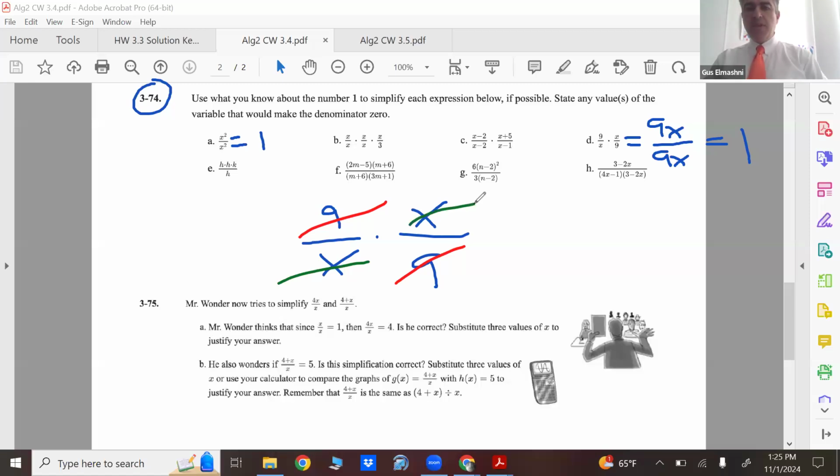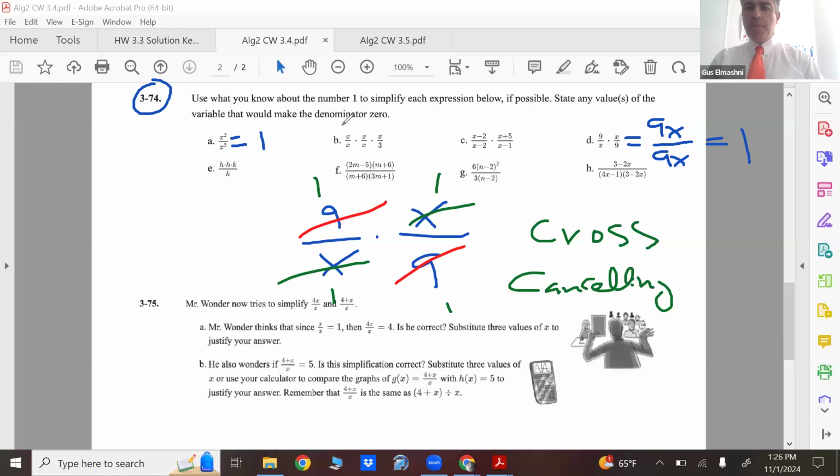Because you see here that 9 over 9, those cancel. X over X, those cancel. You get 1, 1, 1, 1. You get 1. Cross canceling can happen when there's a times in between. It's not cross multiplying, mind you. That's when you're solving an equation. We're just simplifying, so we can cross cancel. This process is called cross canceling, which we're going to do frequently for the other parts.